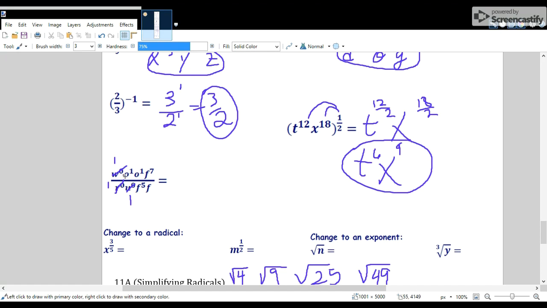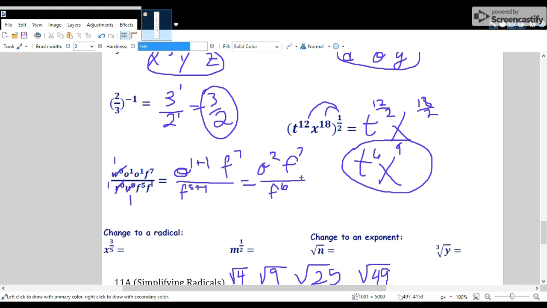We have two like bases, so we have o to the 1 plus 1 times f to the 7th all over f to the 5 plus 1, since if there's no exponent there, you assume it's a 1. We have o to the second, f to the 7th all over f to the 6th.